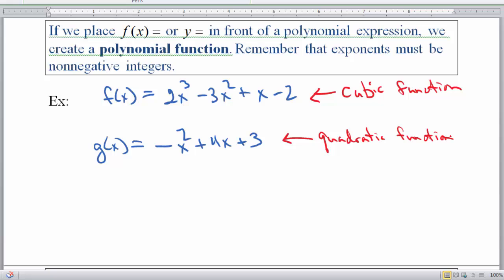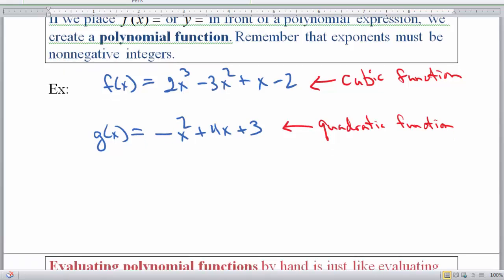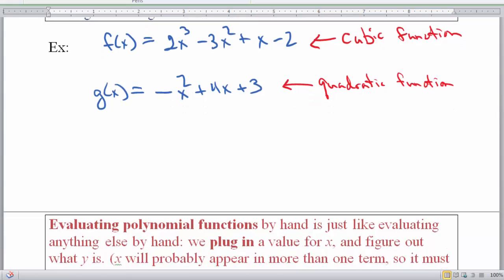All right, so a second degree polynomial function is a quadratic function. A third degree polynomial function is a cubic function. A fourth degree is actually called a quartic function, and a fifth degree is actually called a quintic function. But generally, in this class, we deal mainly with quadratics and occasionally cubics.